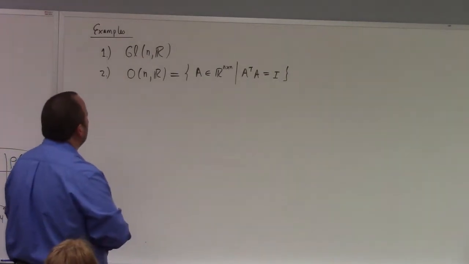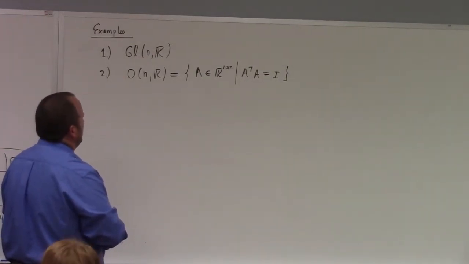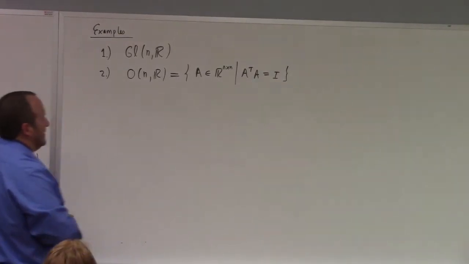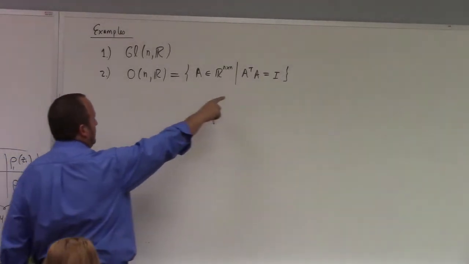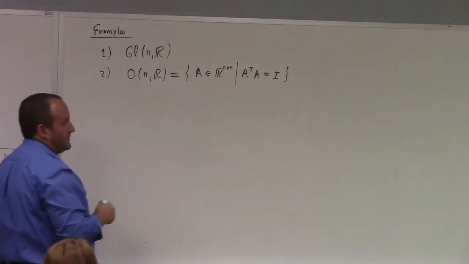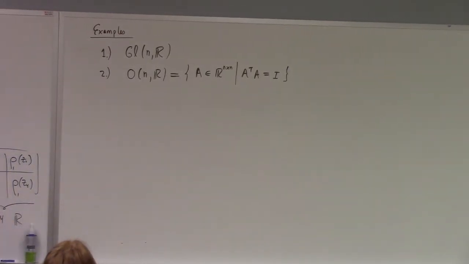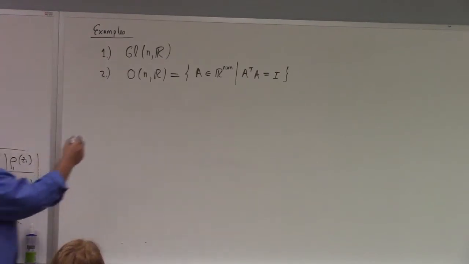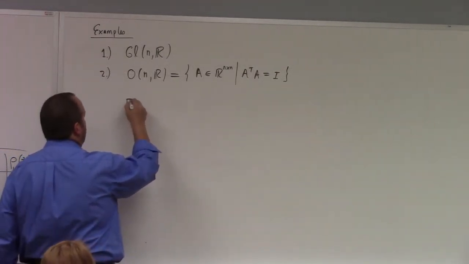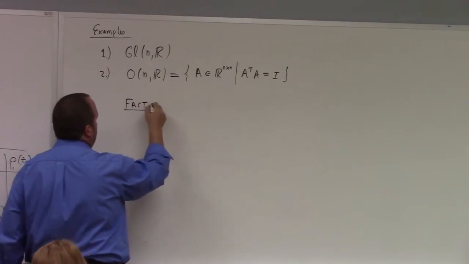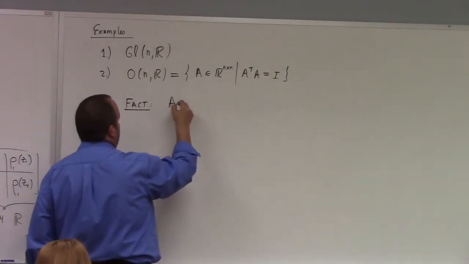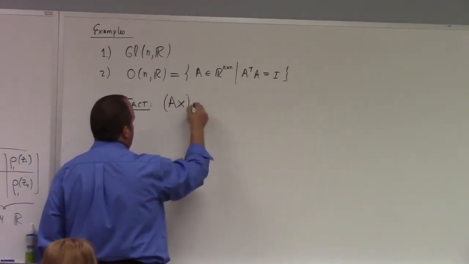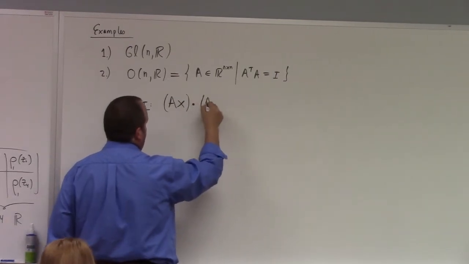Let's see here. What else could we do? What's a subgroup of O_n(R)? So if we look at this one, what's the significance of this matrix group would be one of my questions. Why do we care about the orthogonal group? What does it preserve? Central fact about the orthogonal group is that if we have AX, and we take the dot product with AY, what does that give us?